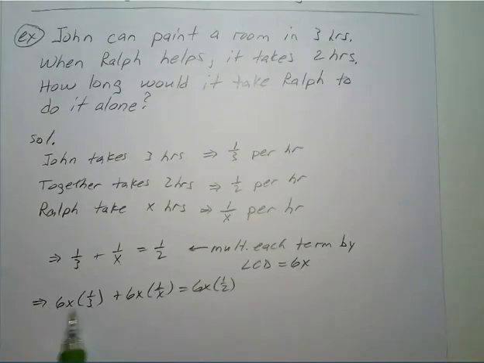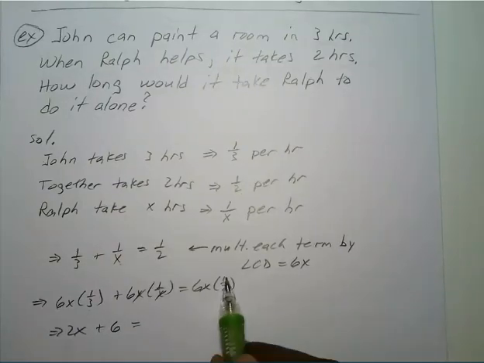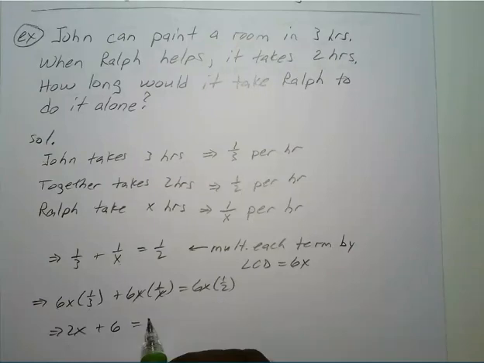If we multiply this, you get 6x over 3, which is 2x, plus here the x's cancel out, so that's plus 6, is equal to 6x divided by 2, which is 3x.